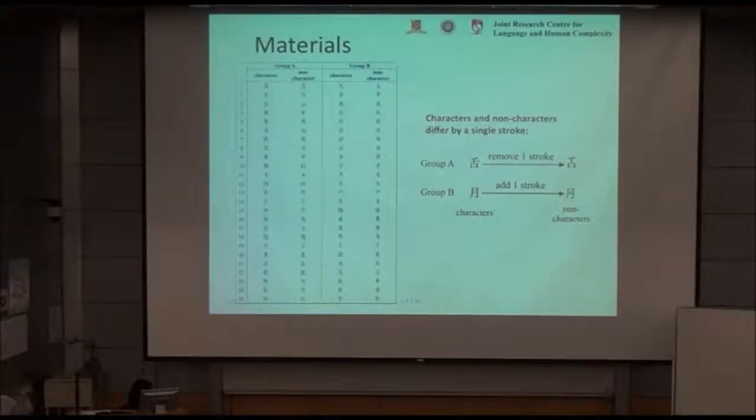So this is by removing a stroke. And then we do another construction by adding an additional stroke, also to obtain a non-character, right? So you can see this construction. And here are two examples, by removing a stroke and by adding a stroke.